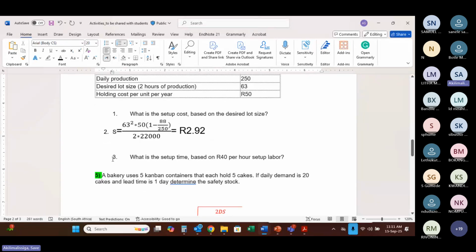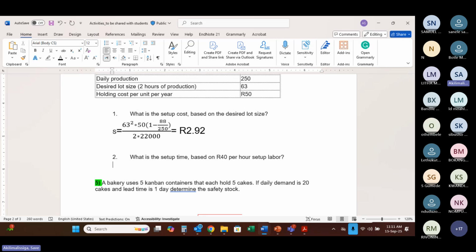Now, this is not question 2. Question 2 is asking us to calculate the setup time.